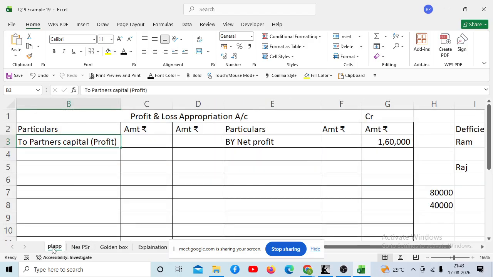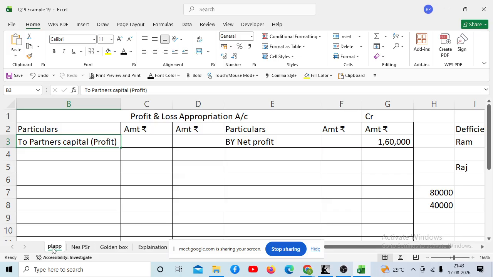So tell me what will be the first partner's share. Oh, you have to divide 1,60,000 by 12, multiply by 6, I suppose.